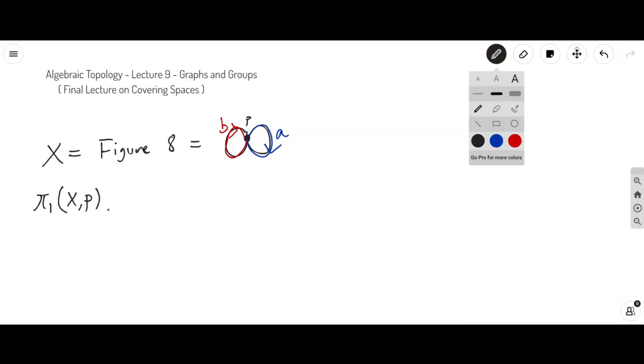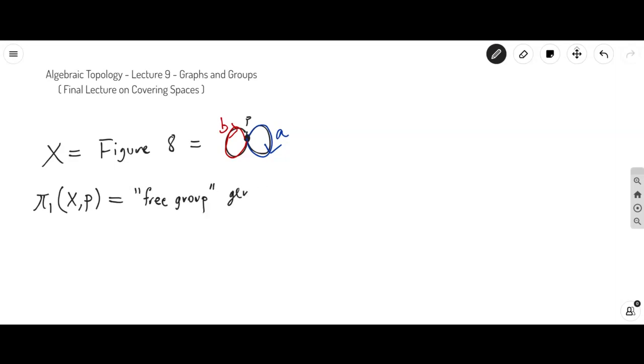And this is what we call a free group generated by A and B. We are being a little bit sloppy over here. When we write A, we really mean the homotopy class of A, of course.